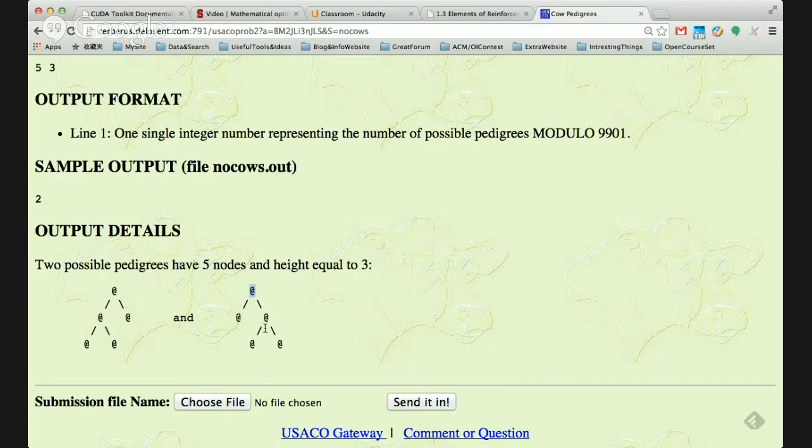So either the left one is k minus 1 or the right one is, or they both are, if they actually make sense. For example, if I have a height of 2 here, it doesn't make sense because I have 2 more nodes, I have 7 nodes.